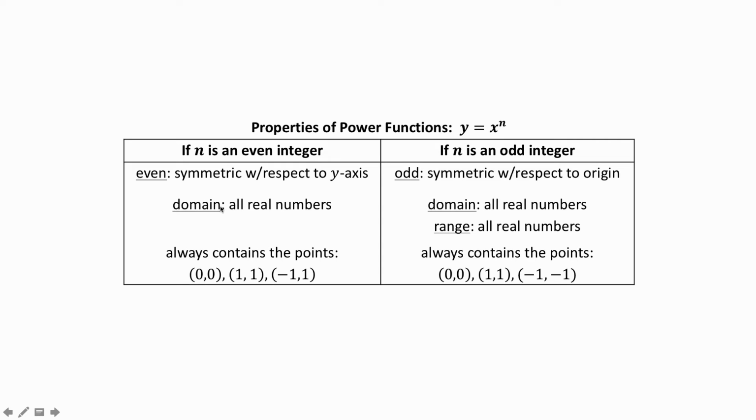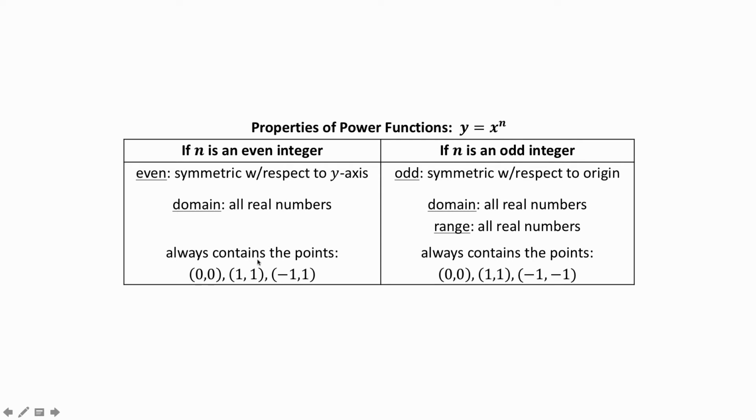The domain for all polynomial functions is always going to be all real numbers. Now we can only really talk about the domain because the range is going to vary. If our graph has a positive a value, then it's going to open up, right? Because imagine x squared, that's like a parabola. Our graph opens up, so our range is just y is greater than or equal to whatever our minimum value is.